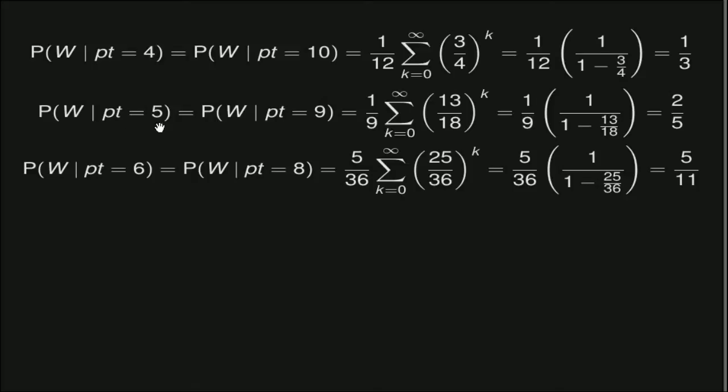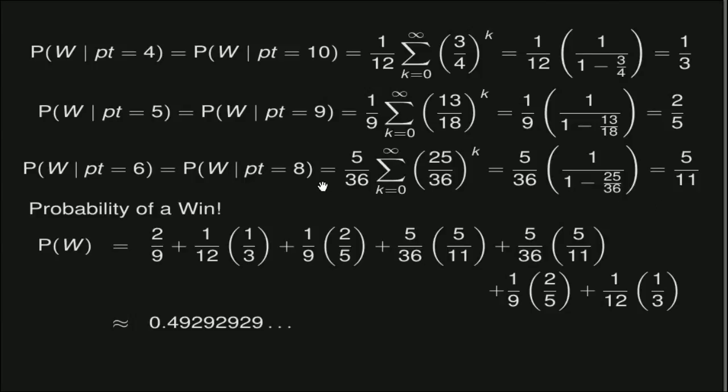If our point value is 5 or 9, we get a different geometric series, with a ratio of 13/18, and that's going to give us a probability of 2/5. With the point being established at 6 or 8, we get a geometric series with a ratio of 25/36, and that's going to give us a probability of 5/11.